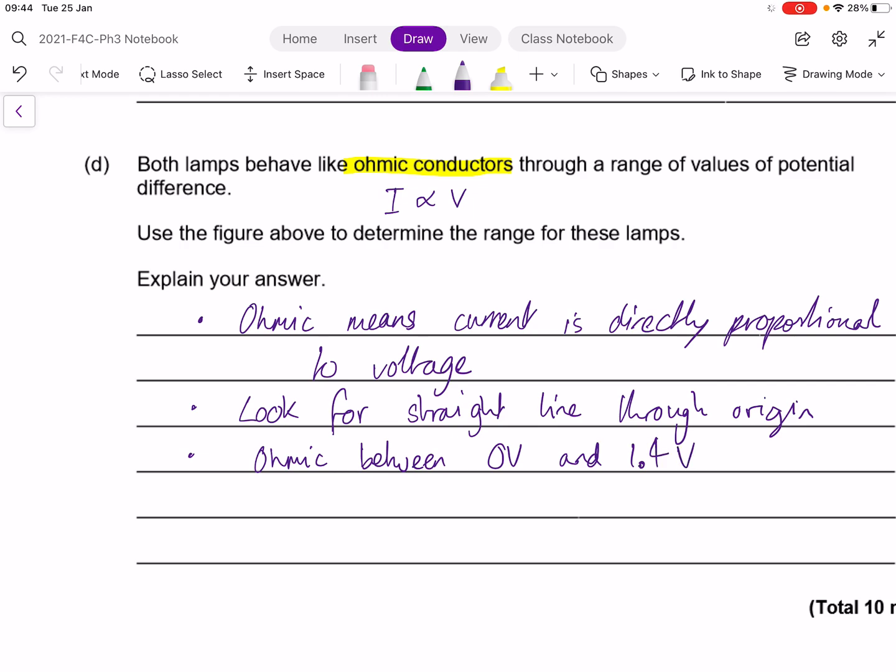At least that's what I think. That's what it looks like to me. That should give you the marks. We could also say resistance is constant in this region. All right, and that is the end of question 3.